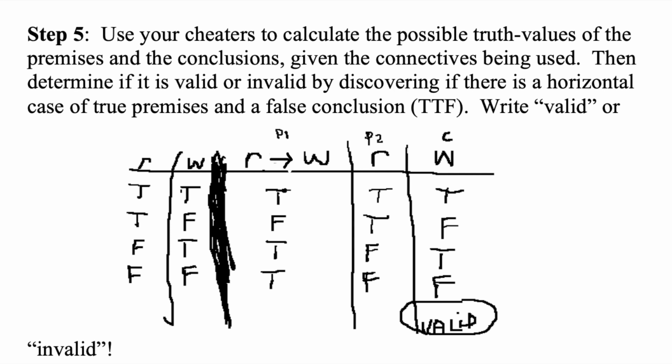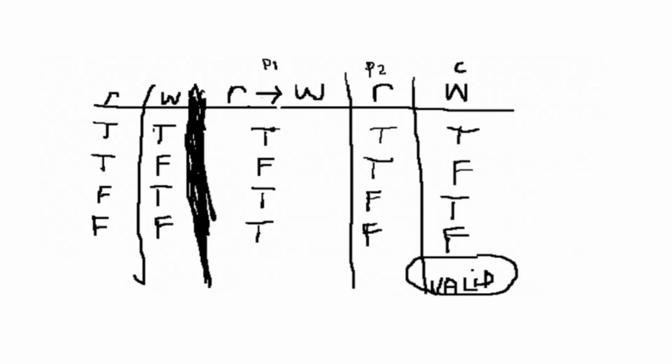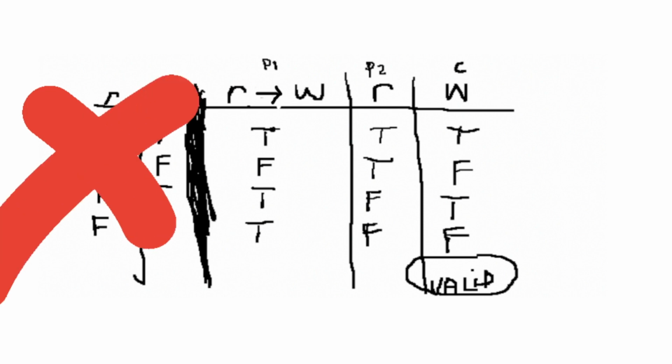Then determine if it is valid or invalid by discovering if there is a horizontal case, a horizontal row of true premises and a false conclusion, TTF, right, valid, or invalid. Okay, the first thing to do is to eliminate the cheaters. You are no longer useful to us.